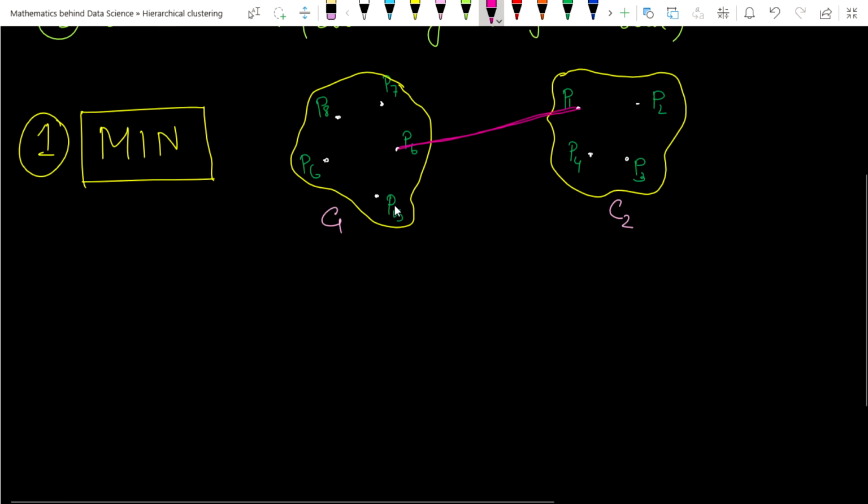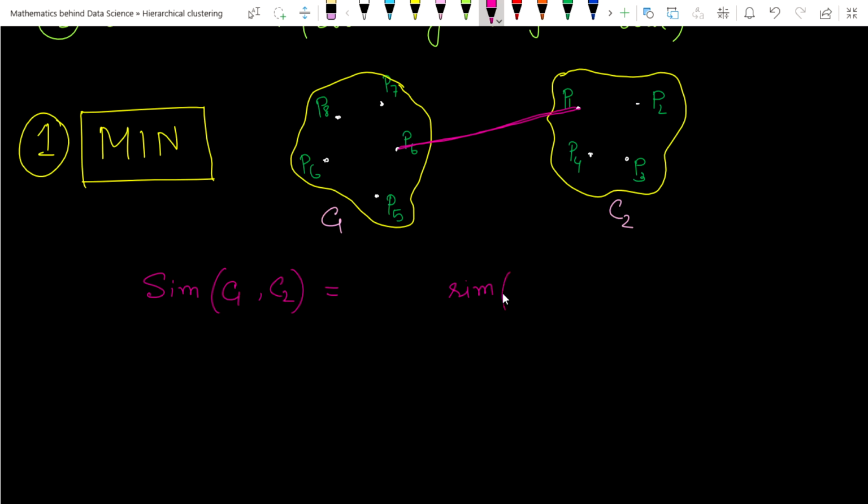Suppose the similarity between cluster C1 and cluster C2 is computed first as the similarity between each pair of points, Pi and Pj.